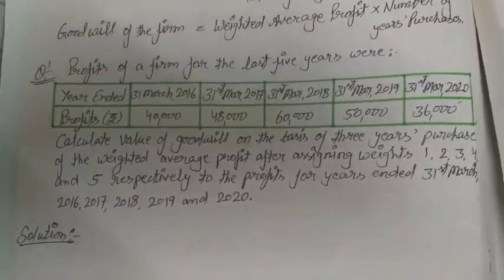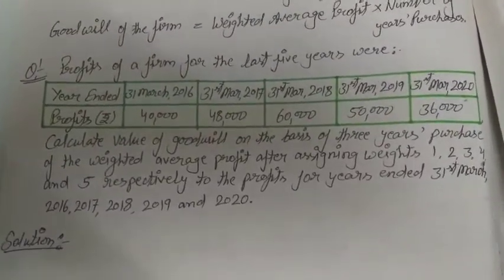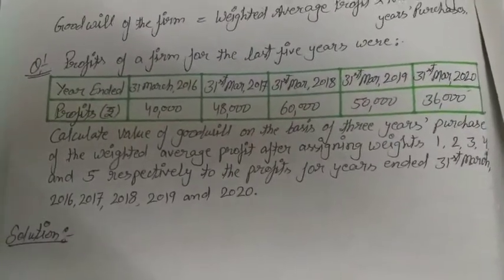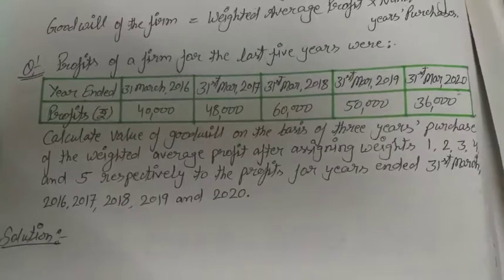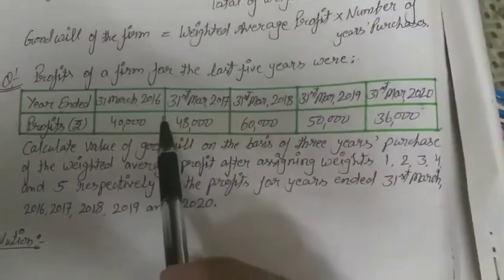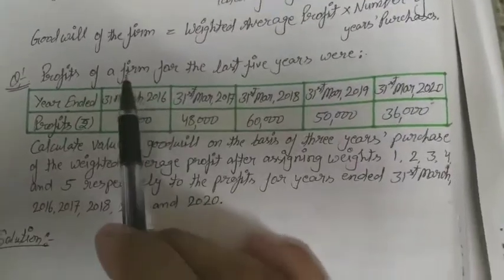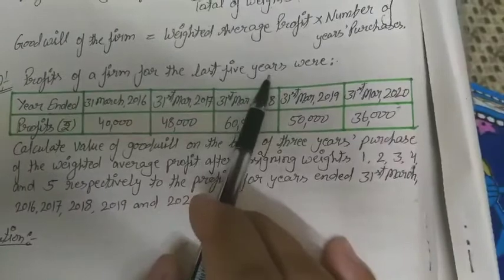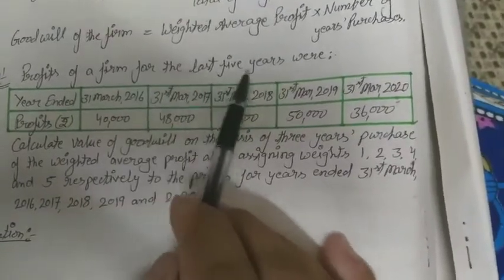Those who are mostly confused in accountancy questions, this is a simple question and you can understand each and everything written in it. So I am reading the question, so be focused. Profits of a firm for the last 5 years were.